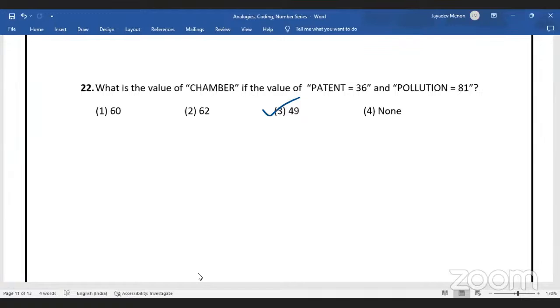Now, 6 square is 36. In pollution, we have 9 letters and 9 square is 81. So in the same way, in chamber, we have 7 letters. So its value will be 7 square. 7 square is 49. So option 3 is the answer.